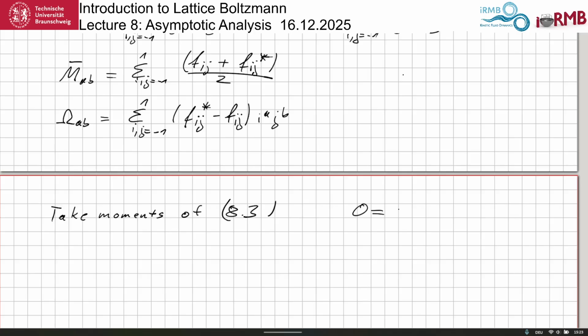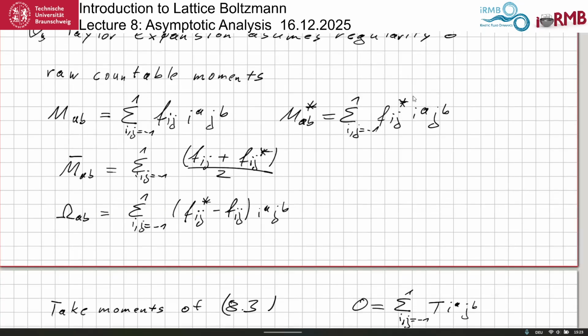Basically, because this is the expansion, we take moments over the sum over ij from -1 to 1. Here we have this entire equation, and we multiply this by i^a j^b.